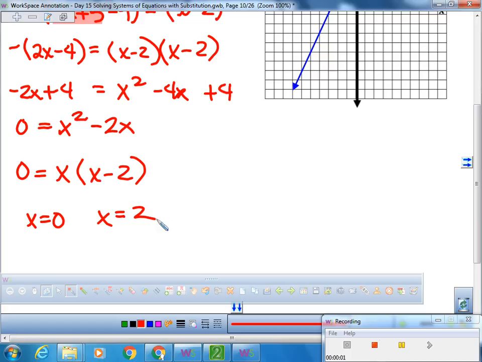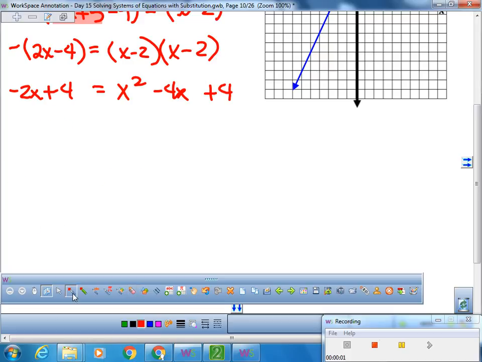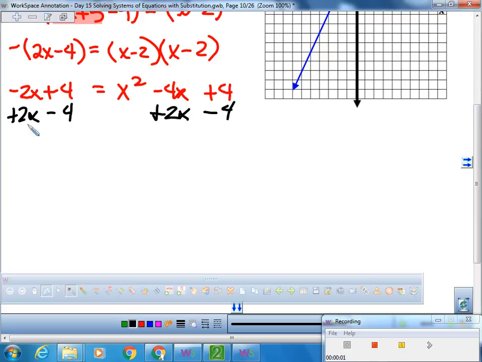Isn't the 4 here? So the negative 2, when I add 2x to this side, it becomes negative 2x. I'm going to add 2x and add 2x, and I'm going to subtract 4 and subtract 4.